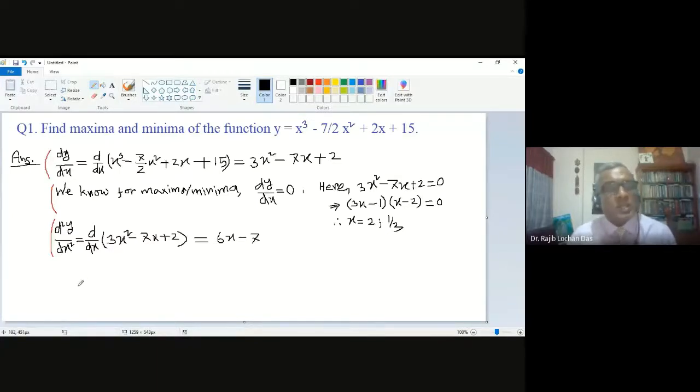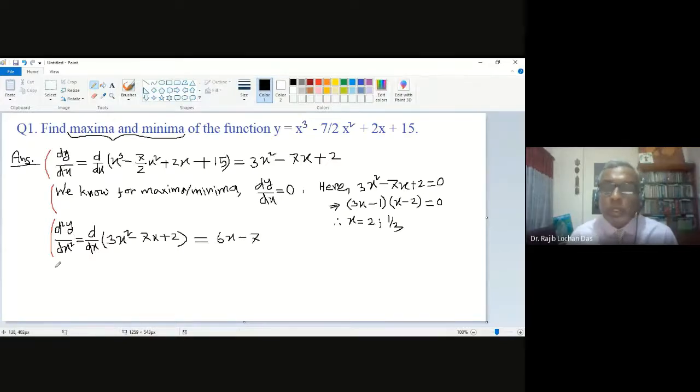What is the next step? You will put the x value into the second derivative to understand the nature of the extreme value. I told you the extreme value is maximum or minimum, both. So in this case, is it maximum or minimum? That will be decided by putting the x value into the second derivative.